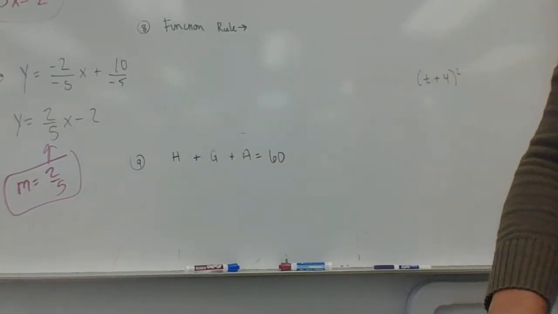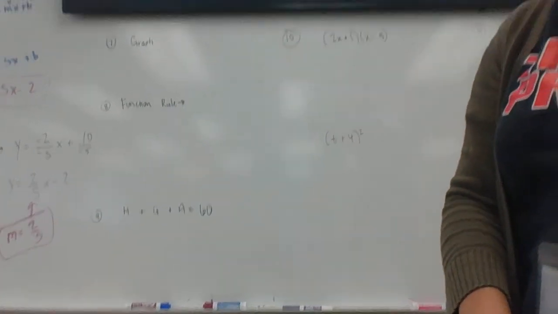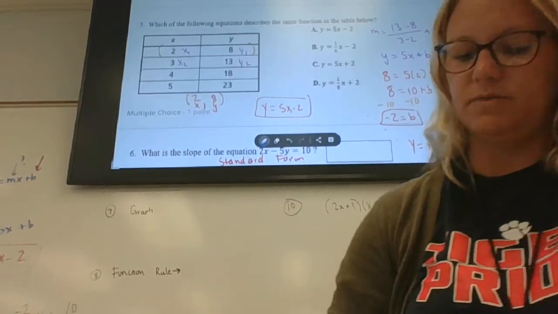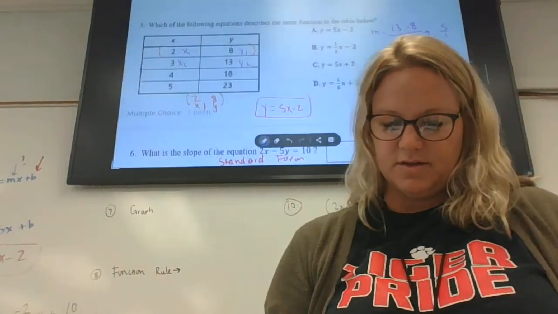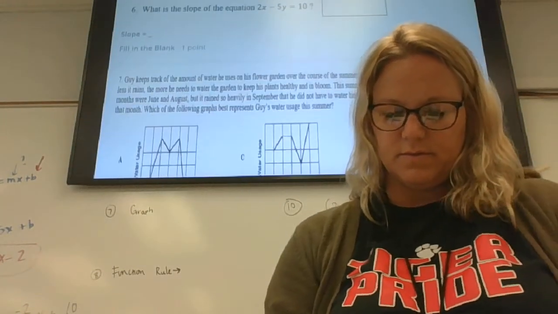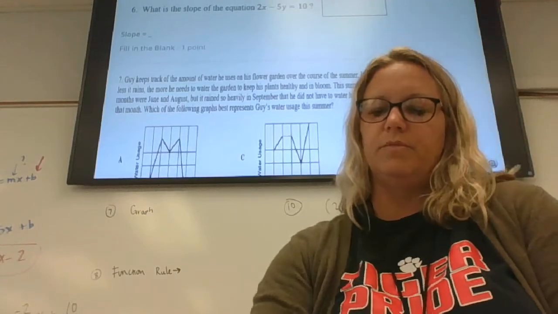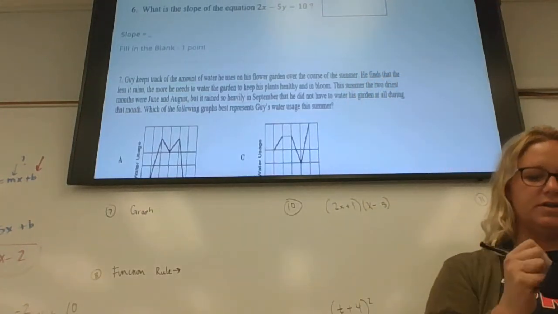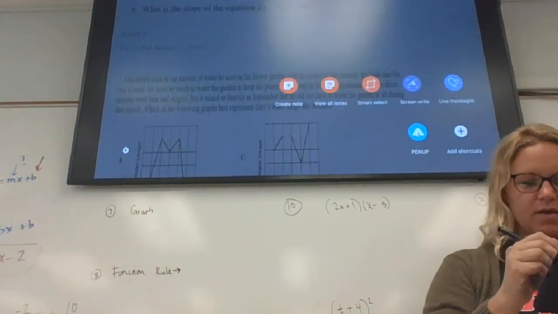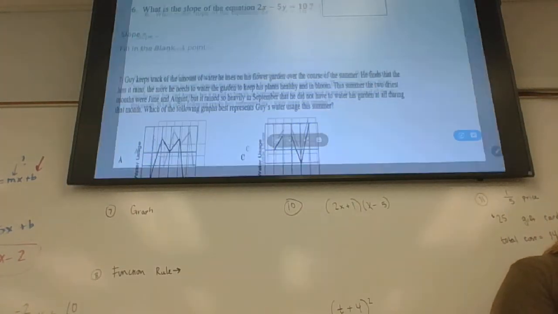There's another way to do that one too if you graph it. Let me go over how to graph this. You can graph using intercepts. So in standard form, we practice graphing using intercepts.